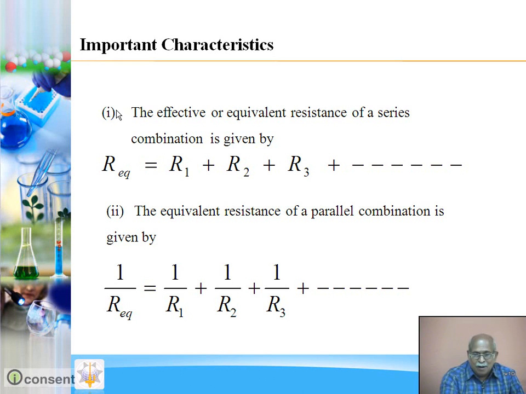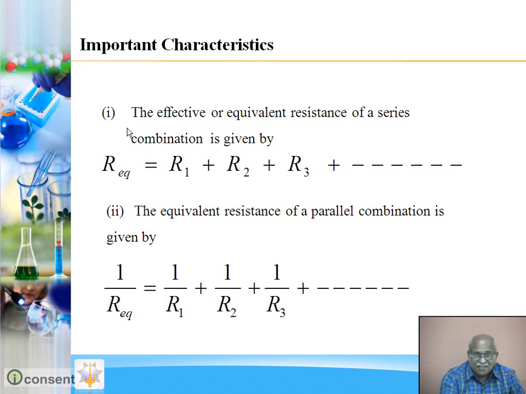You know very well formula for equivalent resistance or effective resistance. Yes. So first characteristic, when resistances are in series, equivalent resistance denoted by Req is R1 plus R2 plus R3, etc. In case of parallel combination, what is the formula?